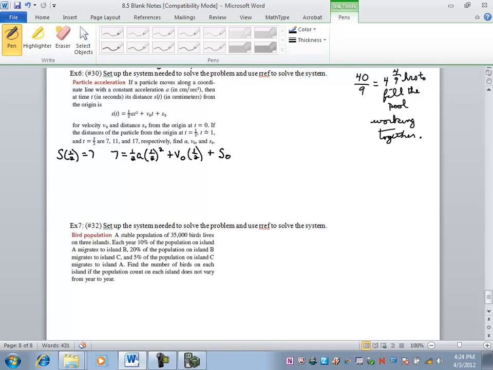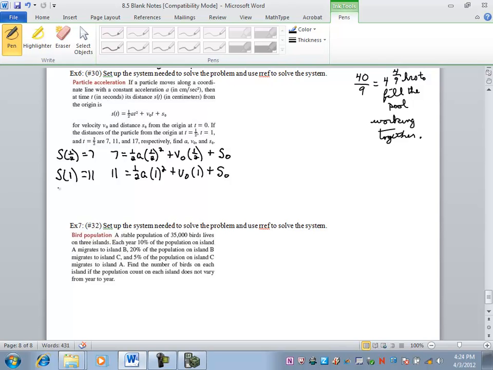If time is 1, my output is 11. 11 equals 1/2 a times 1 squared plus v sub naught times 1 plus s sub naught.